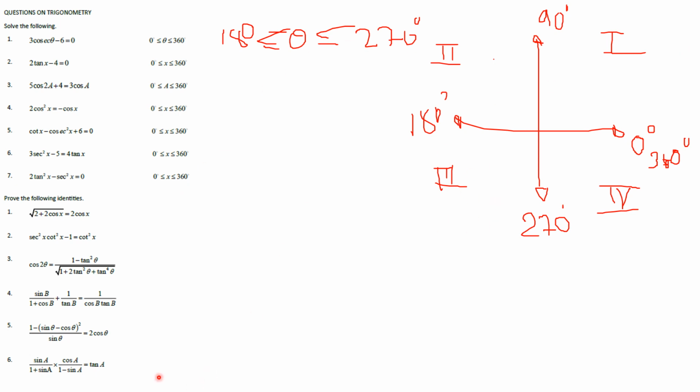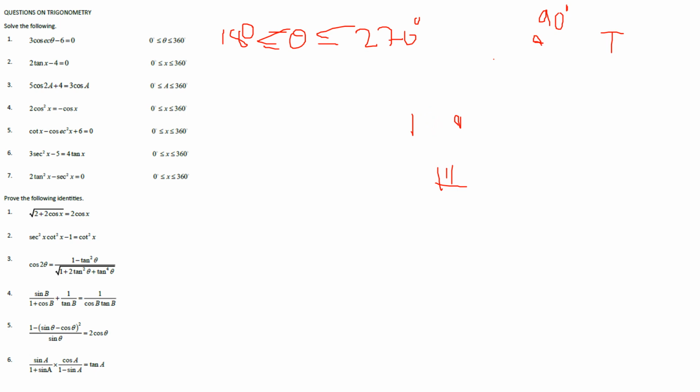Unfortunately I can't show you here, but maybe when we have another problem I will show you. Okay, so now let's go straight to the problem and solve for the value of theta.